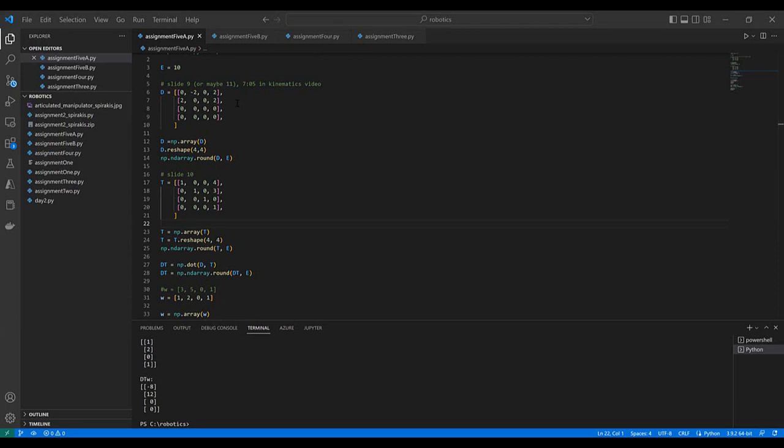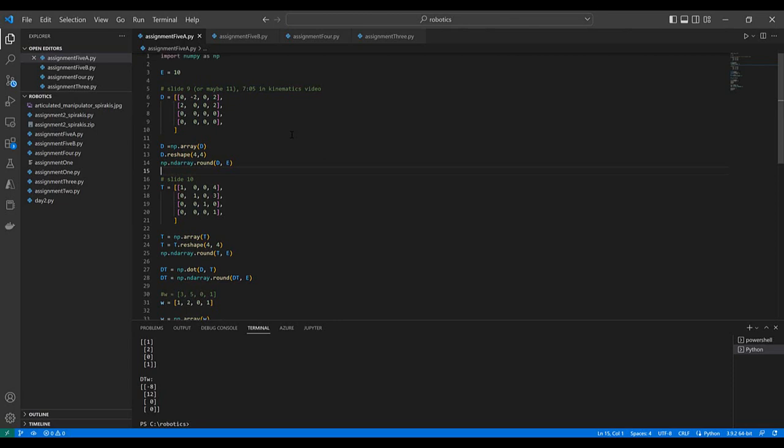W is the observed speed in the observed frame, right? And then UT equals ND array. You reshape it to 4.